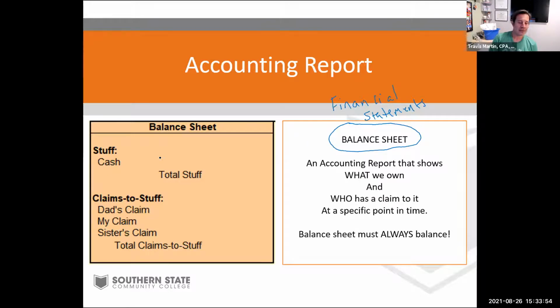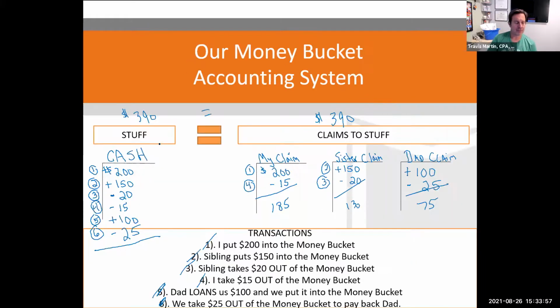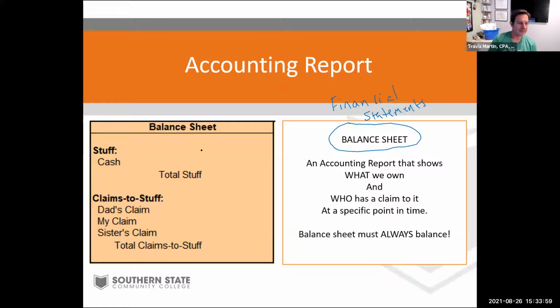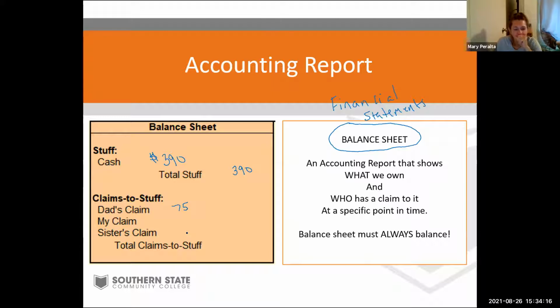So we said, what was it, 390? 390 in our bucket. Total stuff of 390. Dad's claim was 75. My claim was 185. Sister's 130. So 390 claims to stuff.